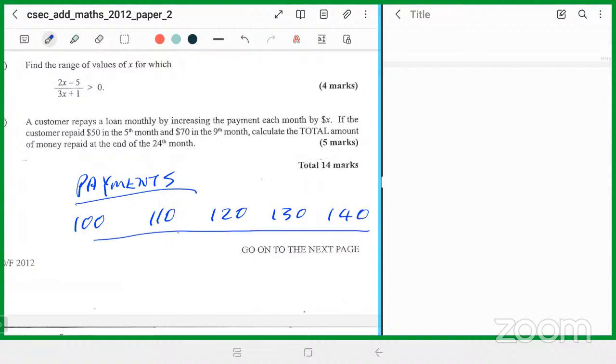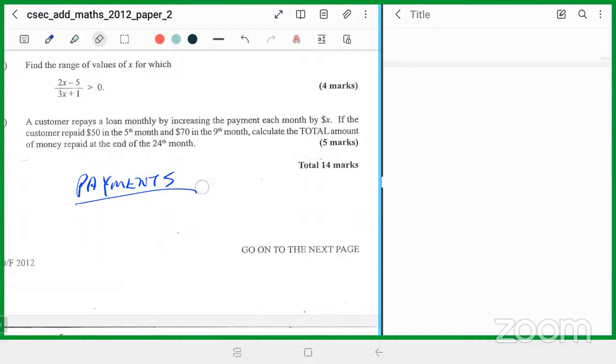So this is an AP series because the amount that I'm paying is increasing by the same amount, by $10. So the payments are in the form of an AP, because you're increasing the payments by the same amount each time.